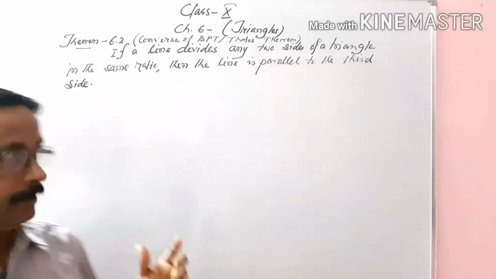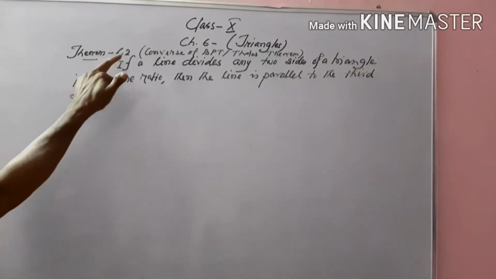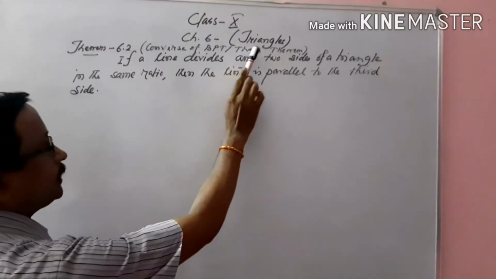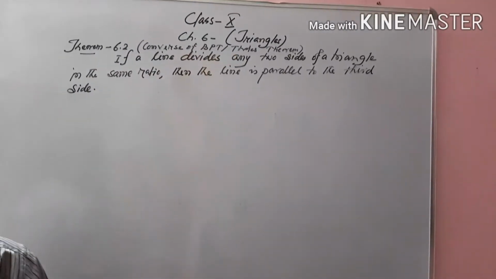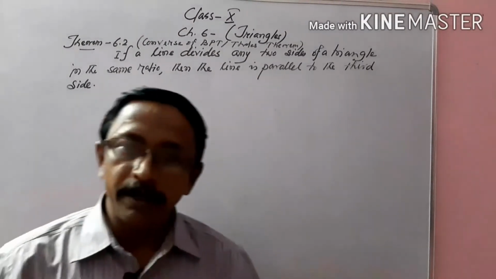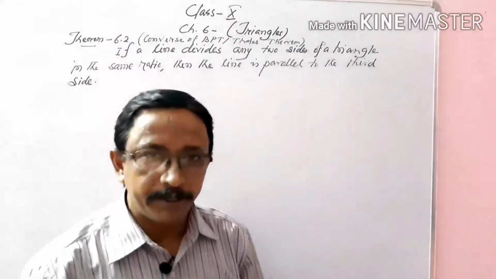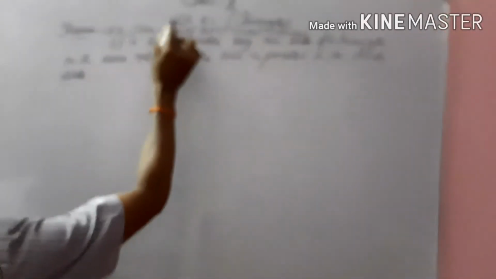Okay guys, now what I am telling is that Theorem 6.2 is the converse of the BPT, or Thales theorem. BPT or Thales theorem I have explained in my last video, and I think you have watched that video. But today I am telling only about the converse form.